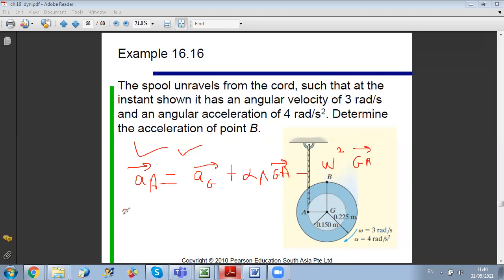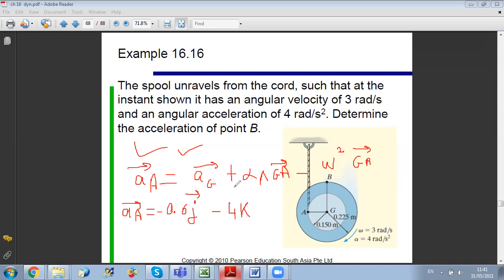So we have that AA is equal to, we will replace AG by its value. AG is minus 0.6j. Concerning alpha, it's minus 4k. And for vector GA, it's along minus i.